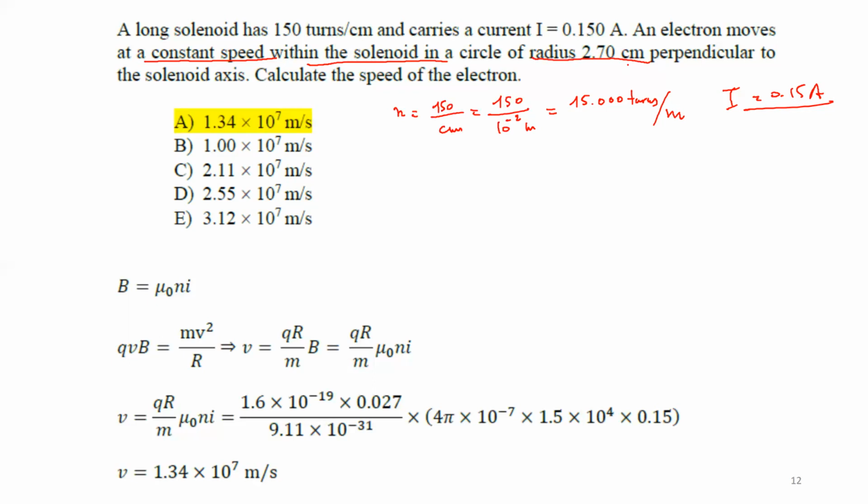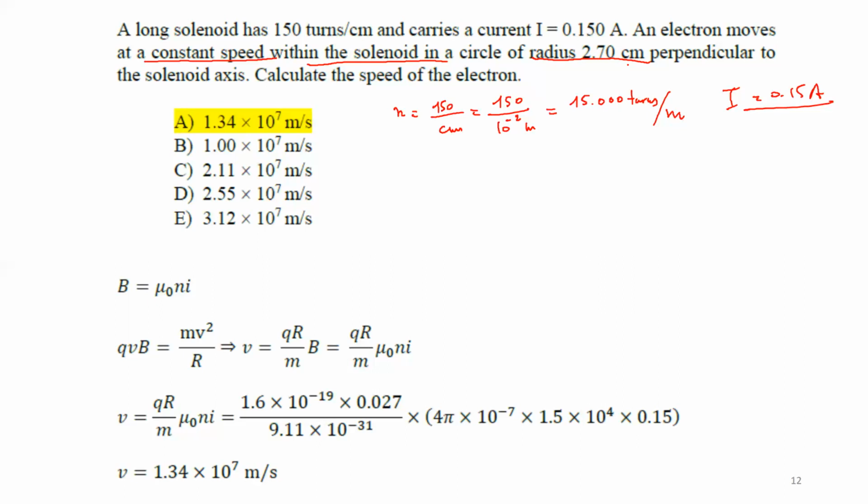Okay, this makes sense, because the electron is a charged particle moving inside a magnetic field. Of course, now the magnetic field and the velocity will be perpendicular to each other, so it will be moving in a circle. If they were not perpendicular to each other, the electron would be moving in a helical path, in a helix. Here they are perpendicular to each other.